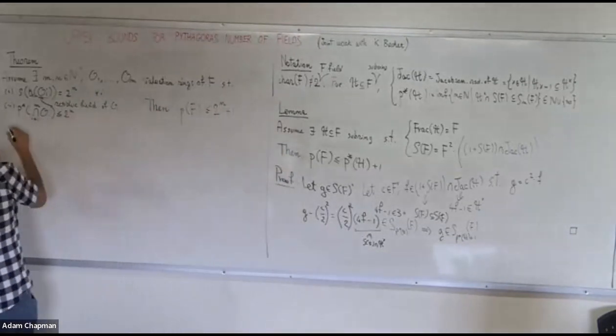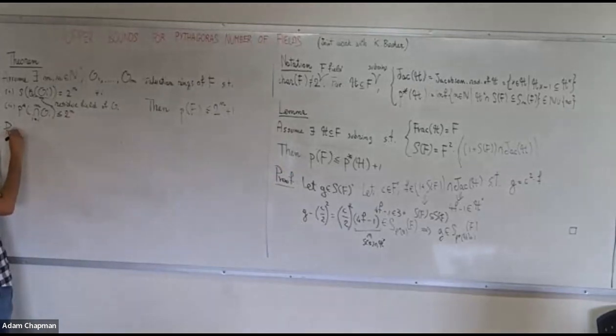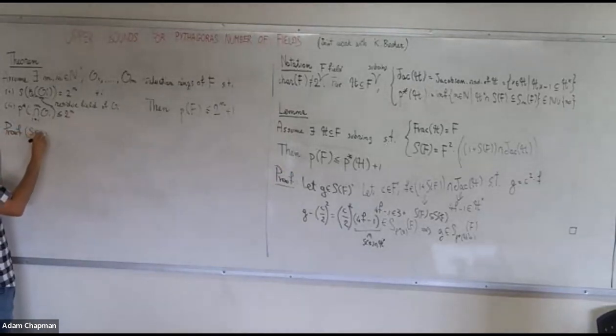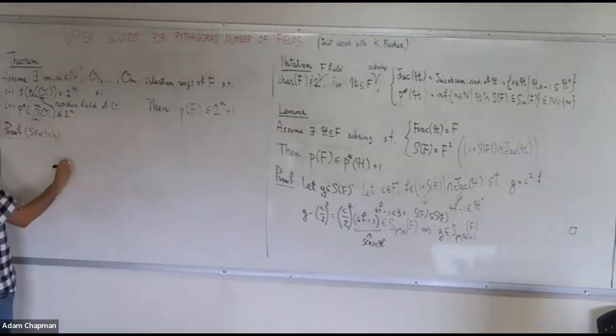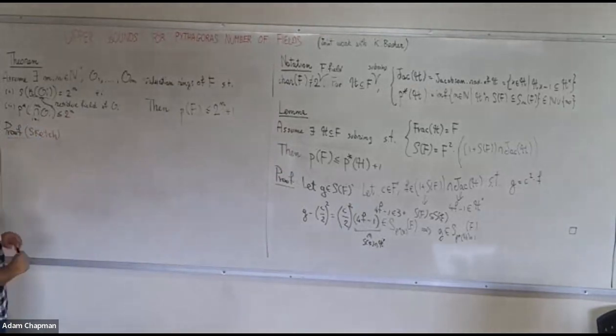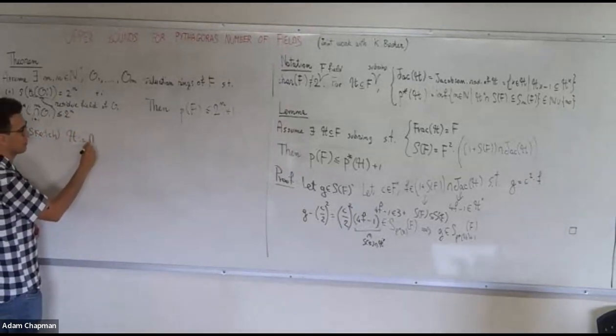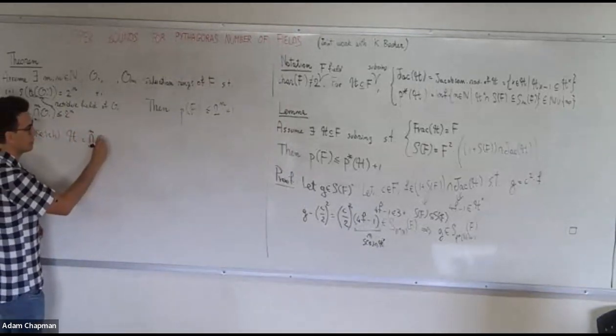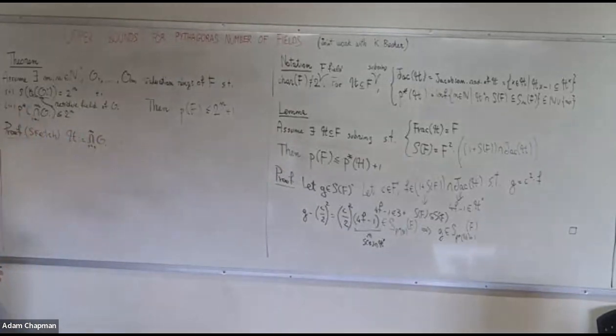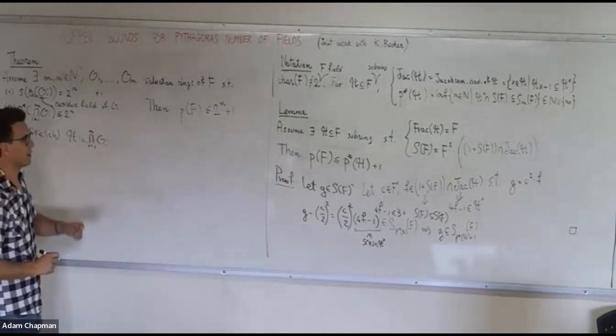You can imagine this theorem follows by the lemma. So the idea is simple. We just take H to be the intersection of these rings and apply the lemma.